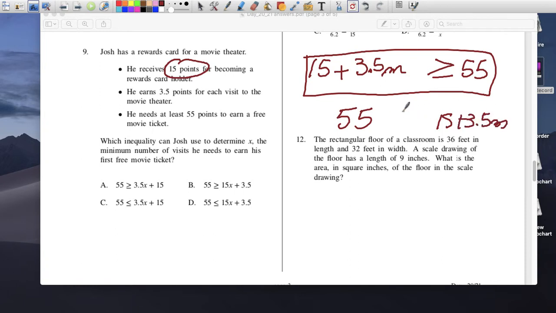But when you switch sides, you gotta switch the sign, right? So is there anything that looks like this? 55 less or equal, yeah, right there. 55 less or equal to 3.5m plus 15, which is what we have here. And that looks like this. Okay.